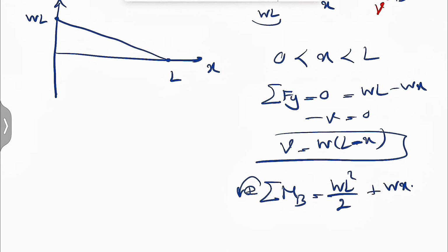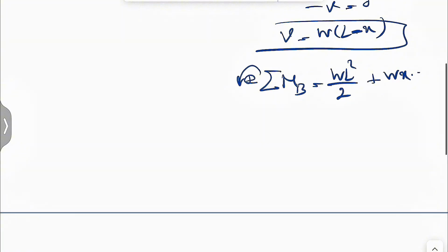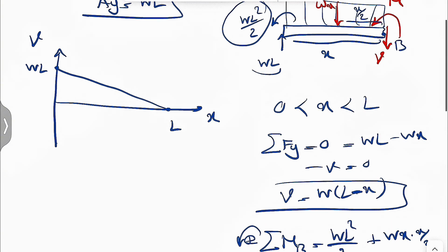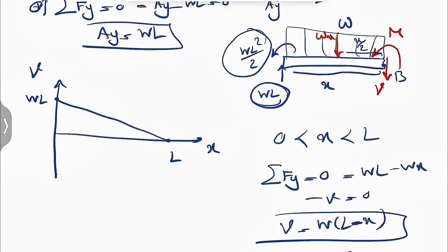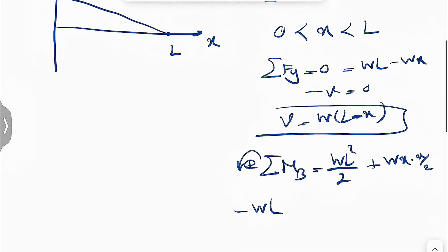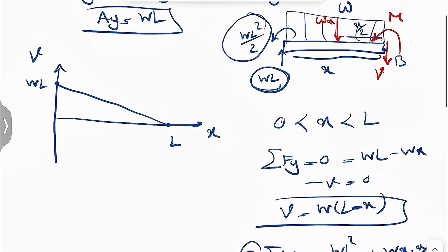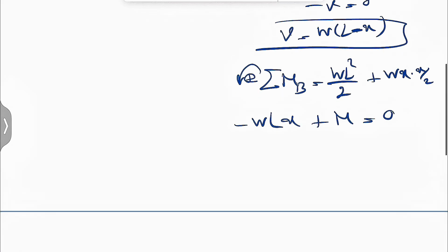WX is our force, and the distance is going to be the midpoint, so X divided by 2, so the distance would be 1/2 of X. So that's the moment of the distributed force. We have the moment of WL, which is clockwise, so we have a negative force WL, distance would be X, and the last thing would be the bending moment equals 0.